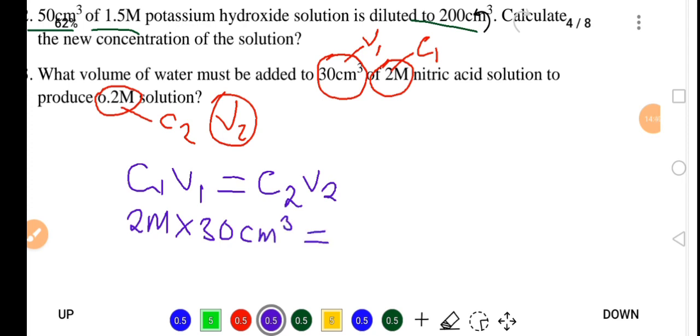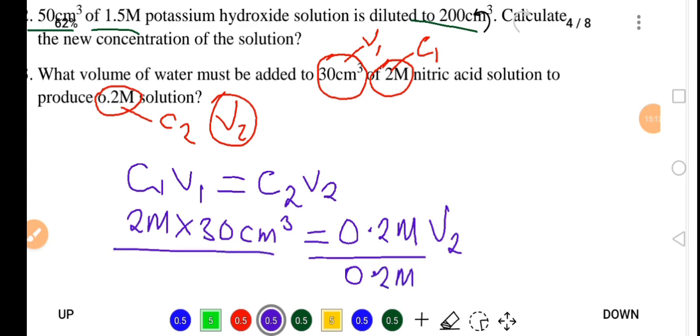The final concentration is 0.2 molar. The final volume is not known. So we are saying V2 is not known, over 0.2 molar, over 0.2 molar.